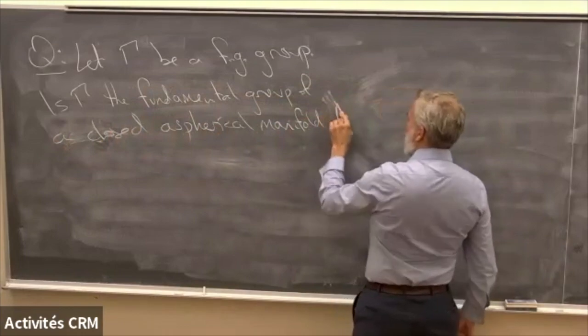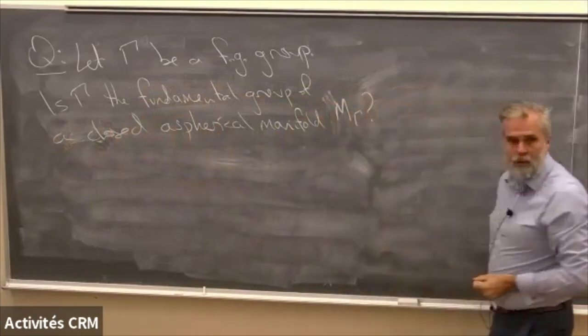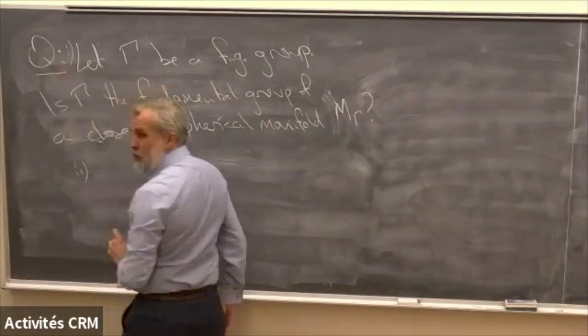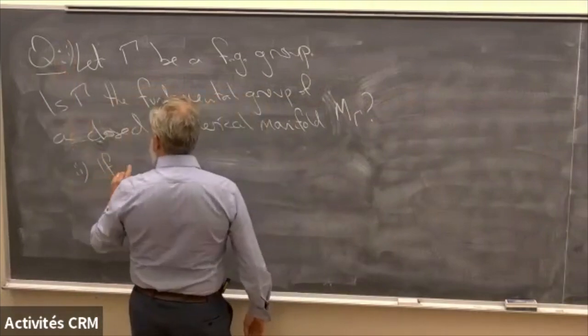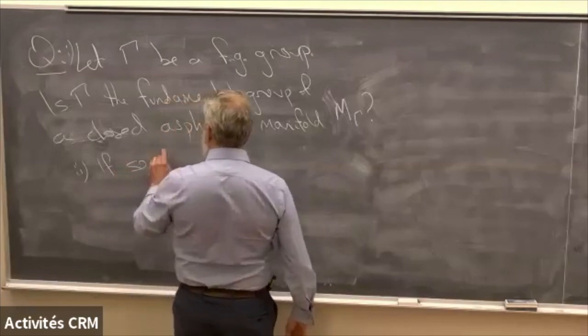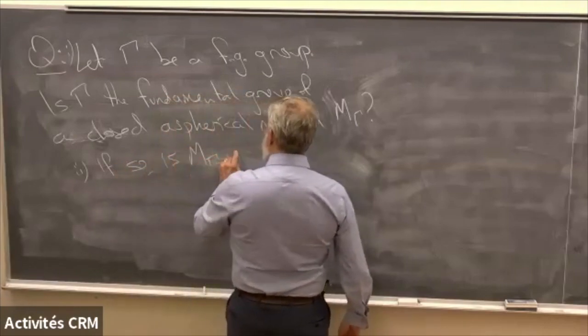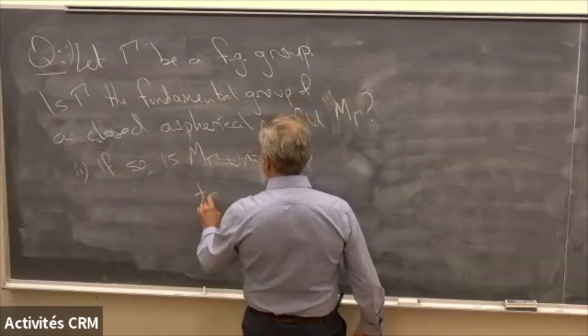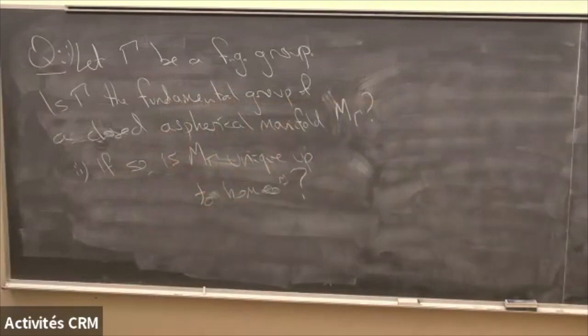Maybe we'll call this M sub gamma. So this is part 1 of the question. And part 2 of the question is, if so, is M gamma unique up to, say, homeomorphism?